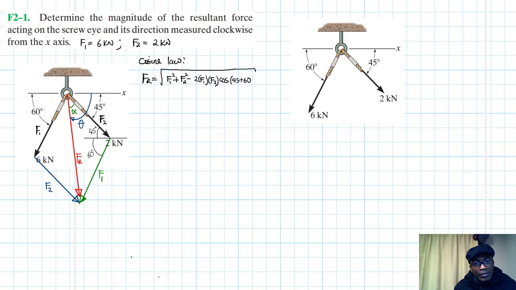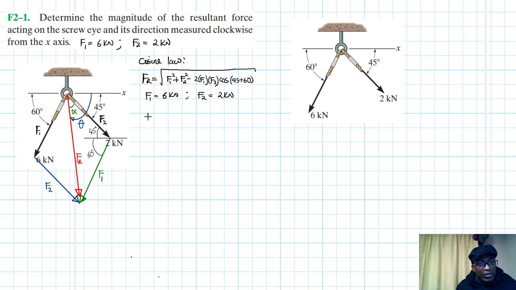There we go. We know what F1 is. F1 is 6 kilonewtons, and F2 is equal to 2 kilonewtons.